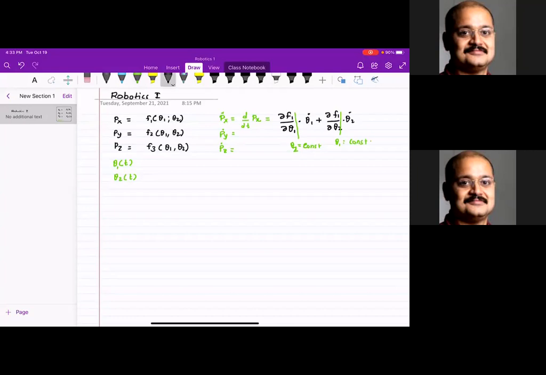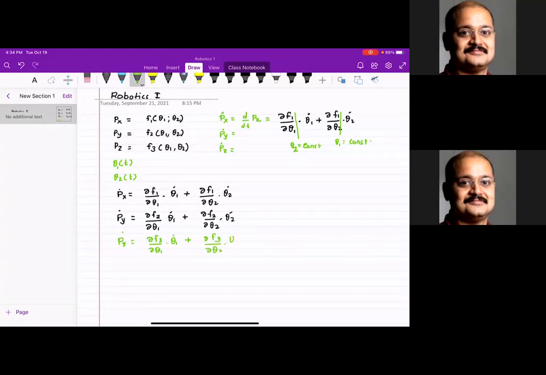So what I'm going to do is I'm going to write these equations something like this. px dot is equal to partial f1 by partial theta 1 times theta 1 dot plus partial f1 by partial theta 2 times theta 2 dot. py dot is equal to partial f2 divided by partial theta 1 times theta 1 dot plus partial f2 by partial theta 2 times theta 2 dot, and last but not least pz dot is equal to partial f3 divided by partial theta 1 times theta 1 dot plus partial f3 divided by partial theta 2 times theta 2 dot.